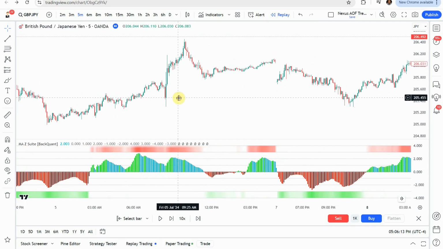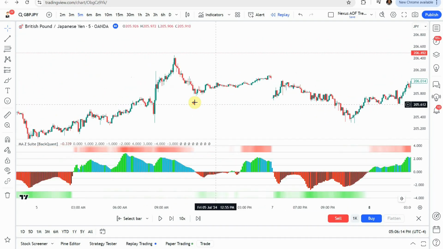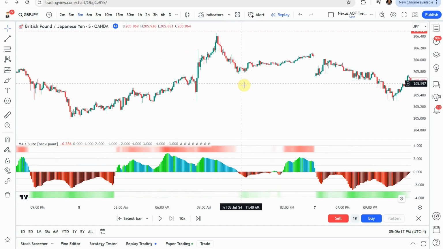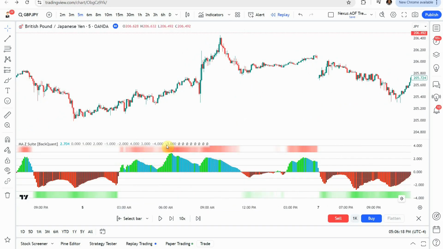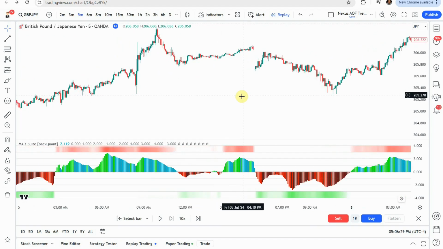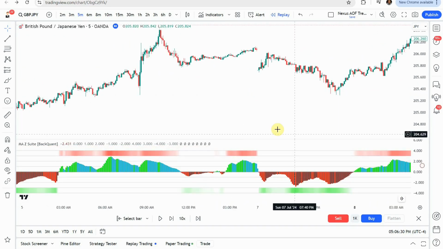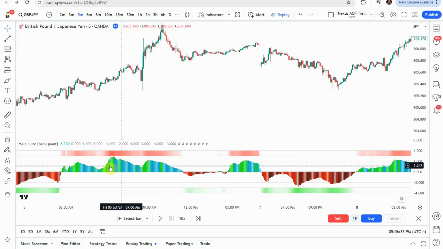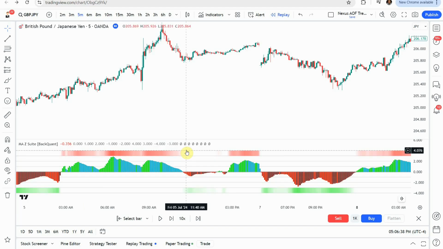And so the source video basically explained that as the moving average z-score started to paint this red coloration at the top or this green coloration at the bottom, it means that the market should be getting either overbought or oversold. And that's where you should start looking for reversals, basically.